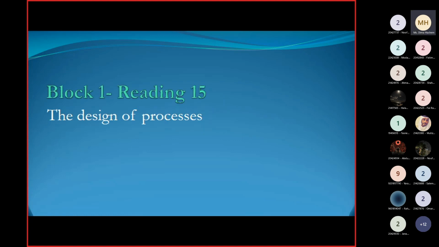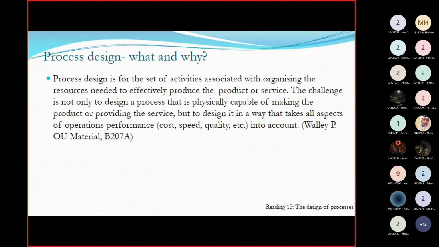So here we are going to talk about the design of a process. Process design is the set of activities associated with organizing the resources needed to effectively produce the product or service. So the resources that you have, let's say you have machineries, you have employees, and you have time.